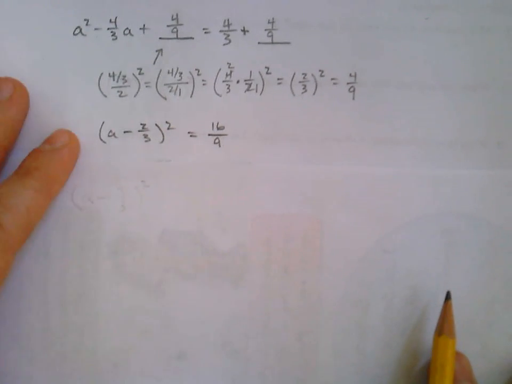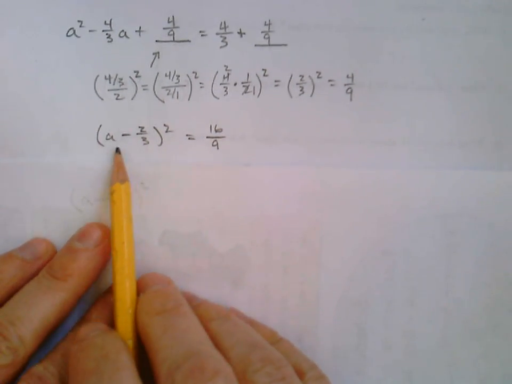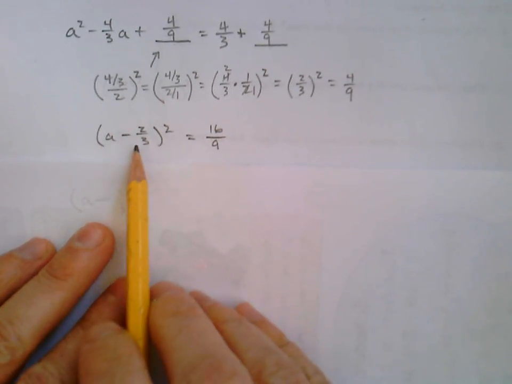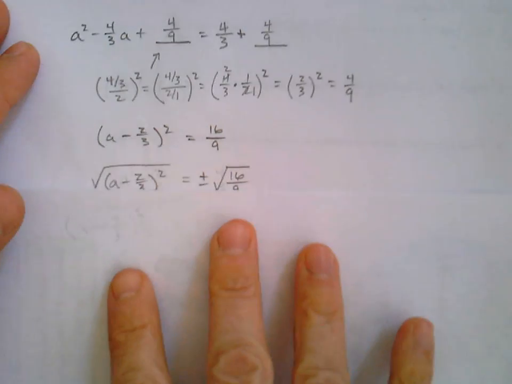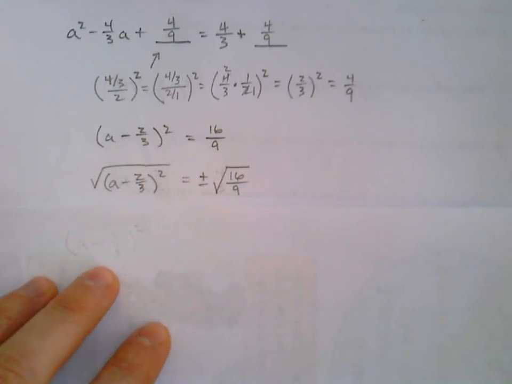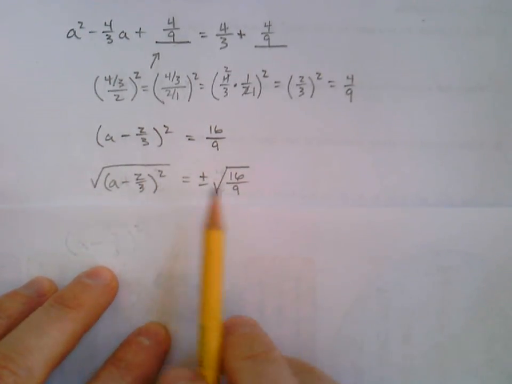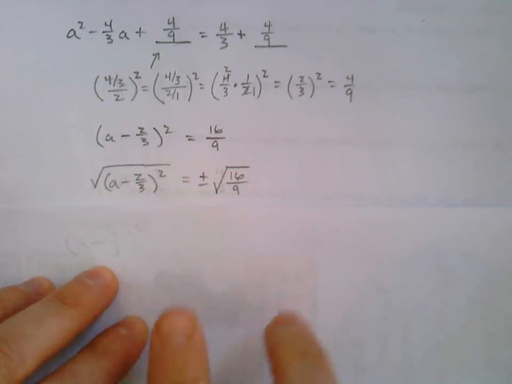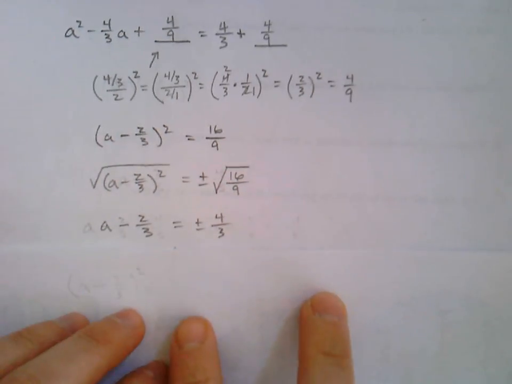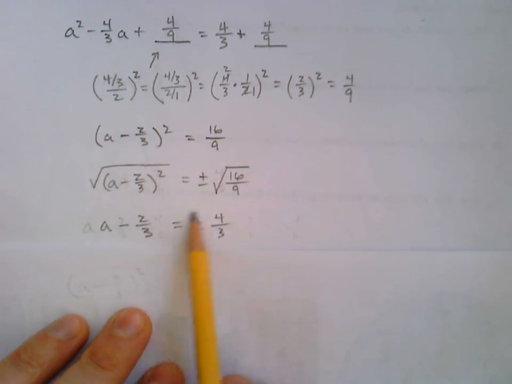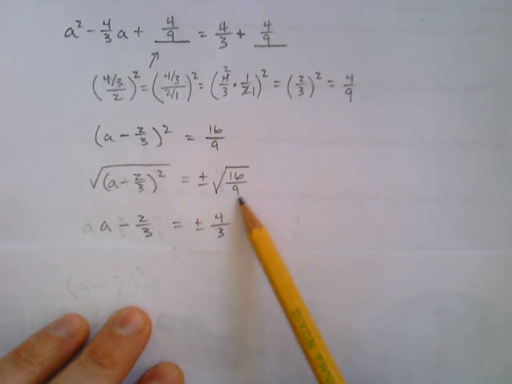What do we do from here? Well, now I've got something squared equals this, so let's take the square root of both sides. Okay, don't forget your plus or minus. That'll cancel here on the left. This works out very nicely, 4 over 3.